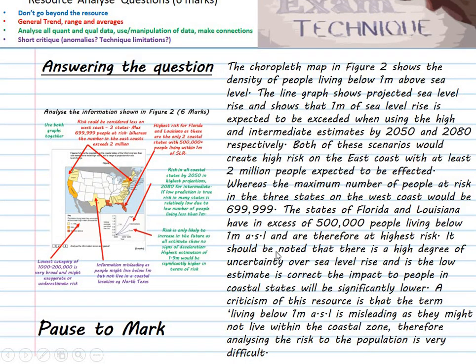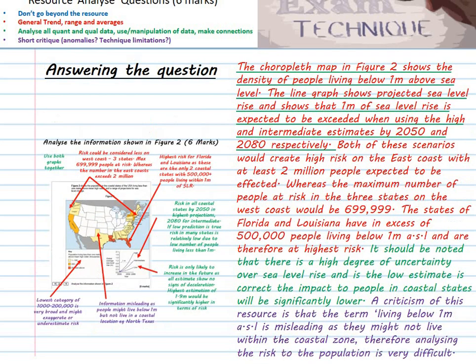So hopefully this is a better answer. Once again, please pause to have a read and feel free to consider whether it is a level 2, clear, or level 1, basic. So this answer, I've broken down into colours on the right hand side. So this first section, the choropleth map in figure 2, shows the density of people living below 1 metre above sea level.